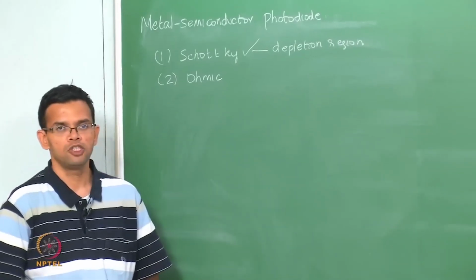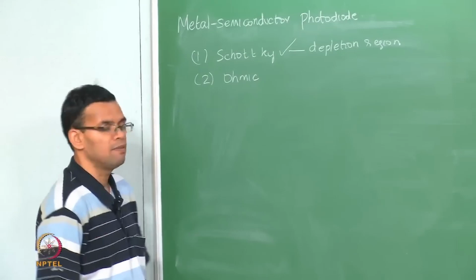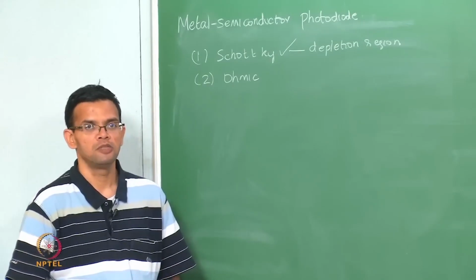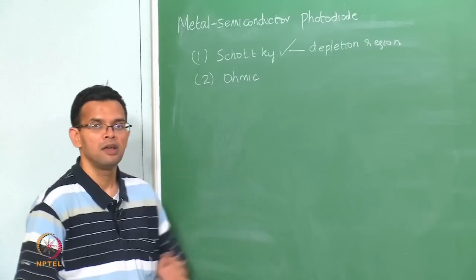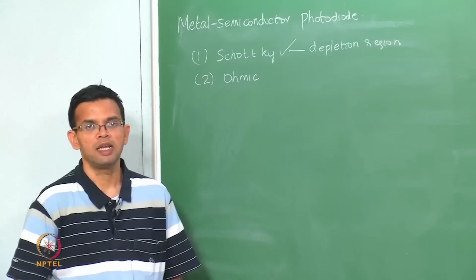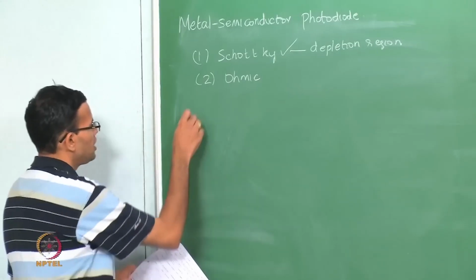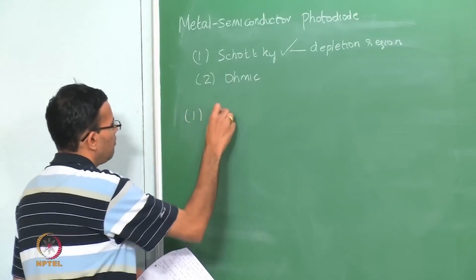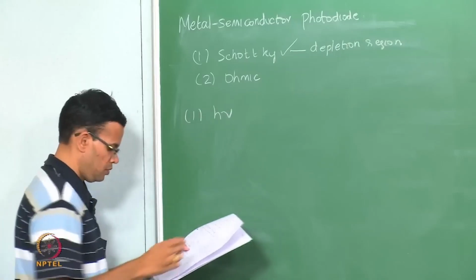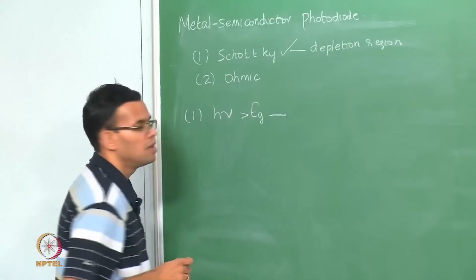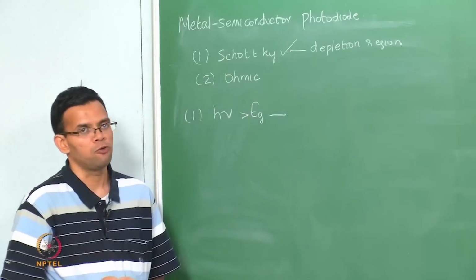So, there are two modes of operation of a metal semiconductor diode, and the reason we have two modes is because we now have a barrier between the metal and the semiconductor. This is your Schottky barrier. So, in the first case, if the energy of the photon is more than the band gap, Eg, then it behaves like your regular photodiode.